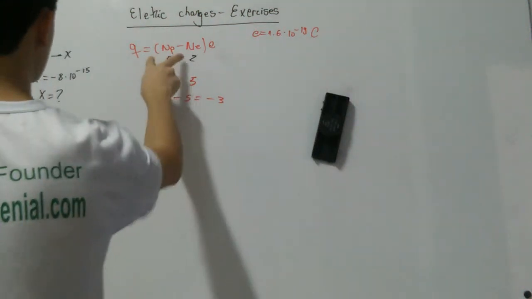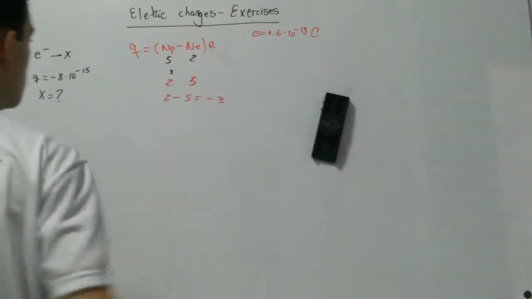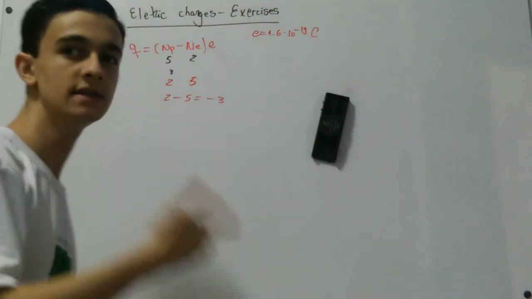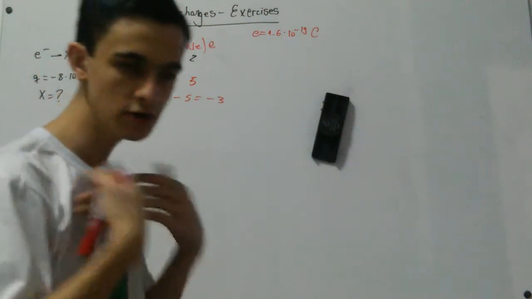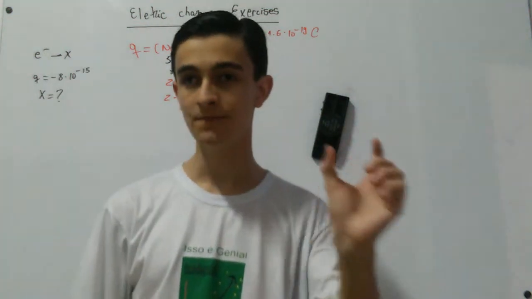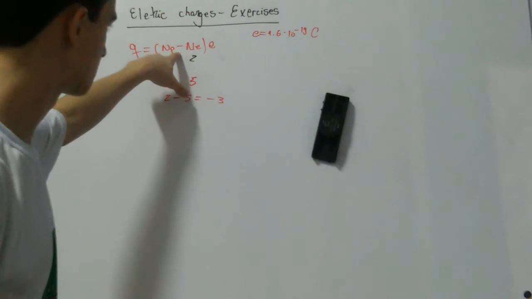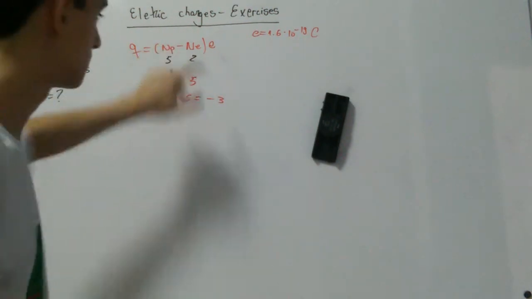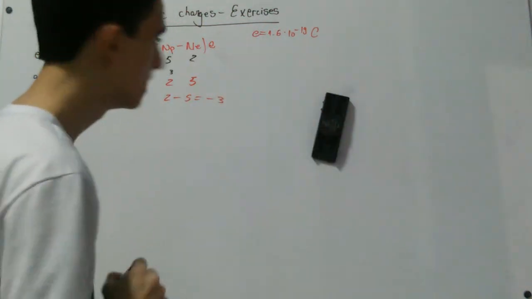But if you do the opposite, you're going to have to correct the sign in the end, the positive or the negative. You're going to have to think whether you have more electrons or more protons, and then change the sign. If you do it this way, protons minus electrons, the positive or the negative already appears with the math.